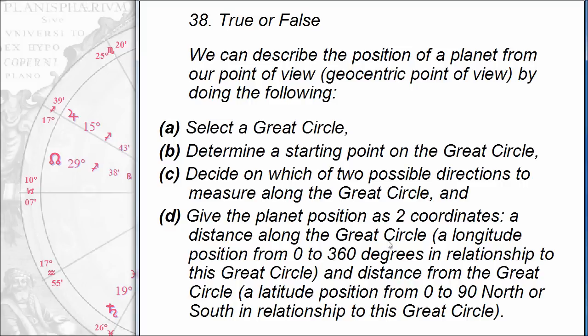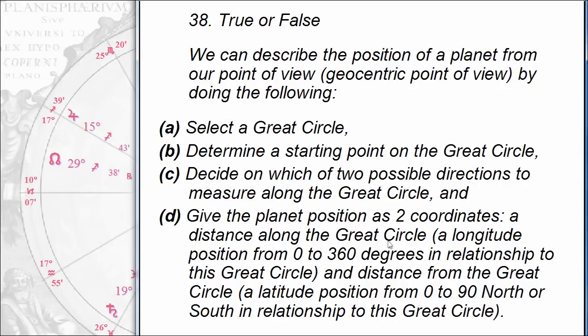You find a starting point on the great circle, because a circle has no beginning or end. So you find some way to identify a starting point, and then once you have a circle, you decide which of 2 possible directions you will move in.